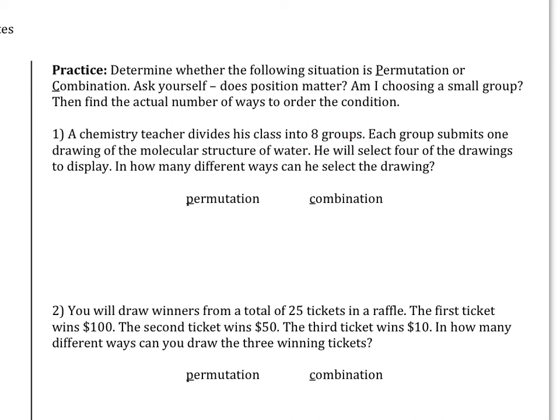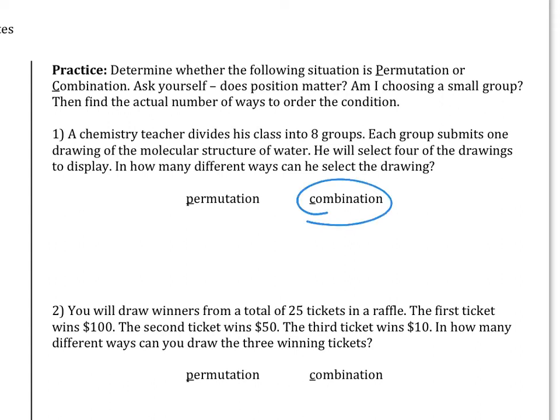You ask yourself, does the order in the way he picks the 4 matter? Not whether it matters to him or not, but just the 4 drawings he's picking. Does it matter? In this case, it doesn't matter because he's just picking 4 things. We're not saying the 4 best ones. We're just saying he's picking 4 out of 8. So this one's going to be a combination question.